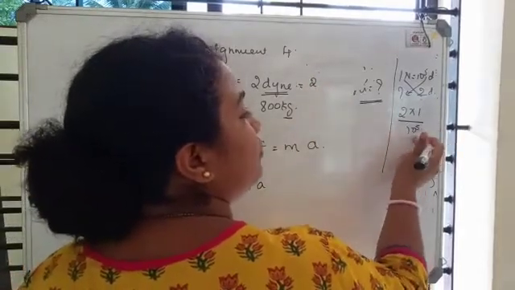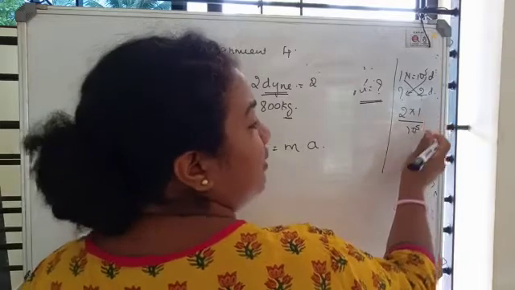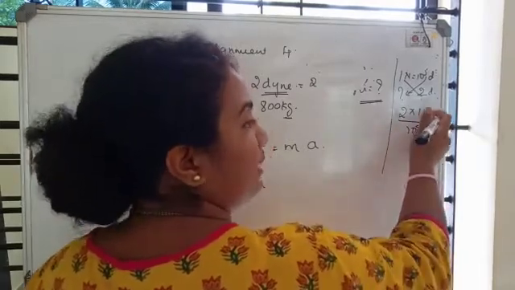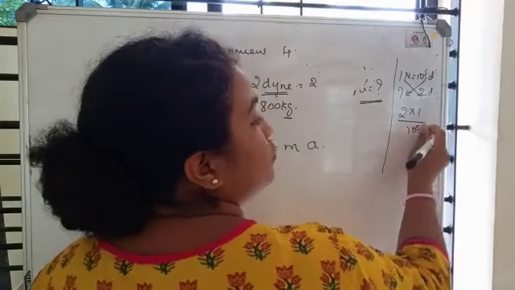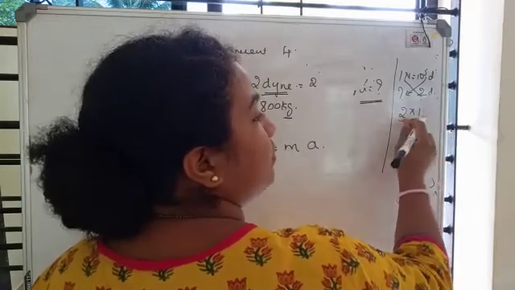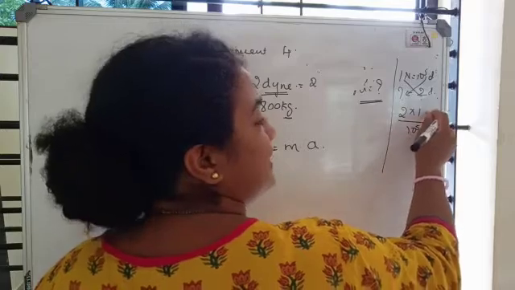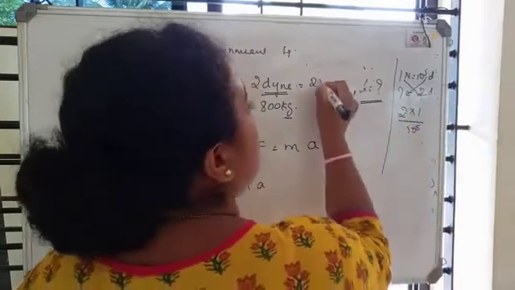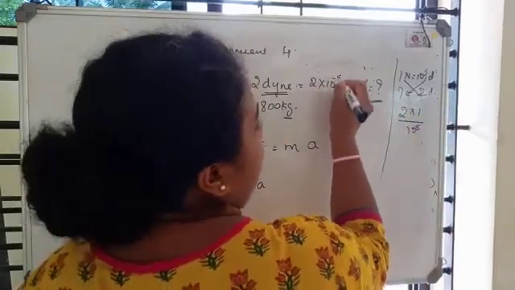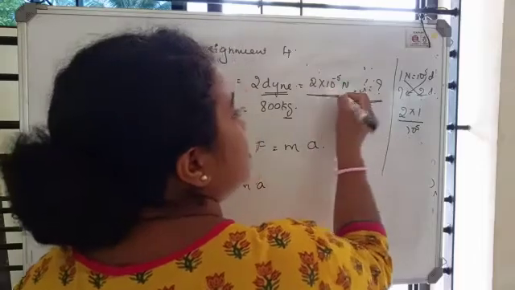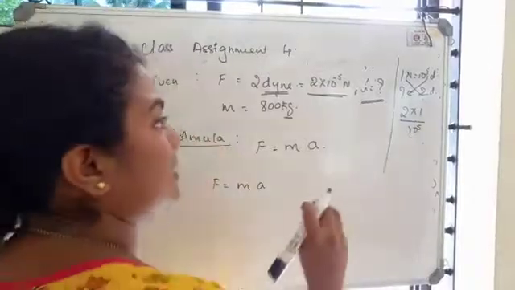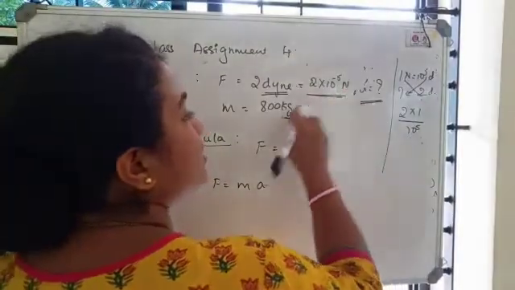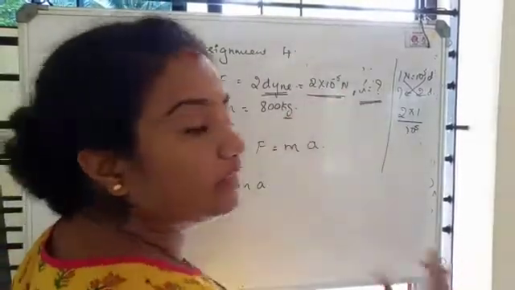Taking the 10 to the power of 5 to the numerator, the plus sign of the power becomes minus. So it is 2 into 10 to the power of minus 5 Newton. So this is in Newton now. Now all the values you are going to substitute are in the same system: Newton and kg, both in the SI system, the bigger system.